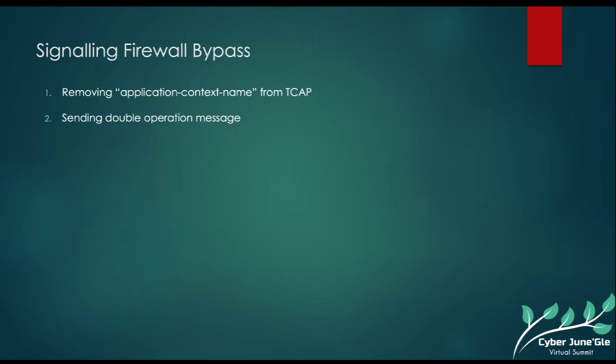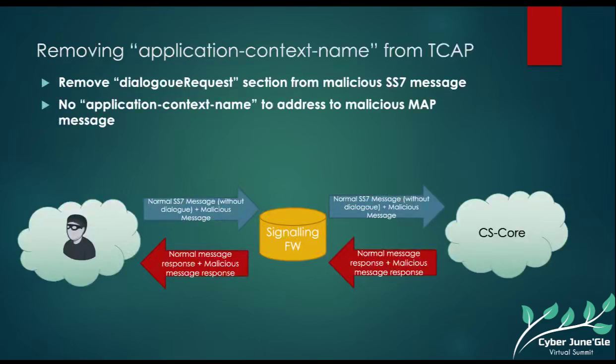The TCAP opcode-based routing feature attempts to find the operation code, or opcode, in all supported ITU TCAP messages except abort. These messages must contain invoke or return result last or not last as the first component. If not, the opcode is assumed to be none. Okay, removing the application context name from the TCAP message.